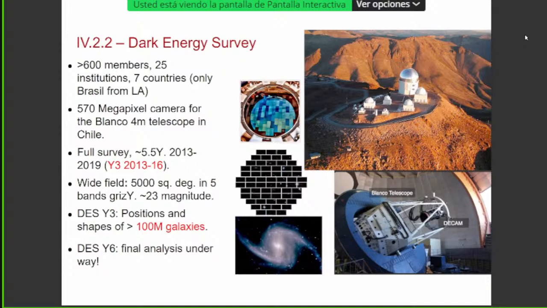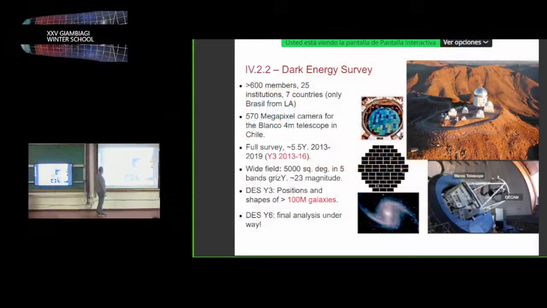So we use a digital camera which was the largest one at the time, a 570 megapixel camera. So it's just like a cell phone, right? It's more complicated than that, but it's just like a cell phone. Those are the CCDs, and these are the images that you can get in the camera. This is in Cerro Tololo International Observatory in Chile, near La Serena.